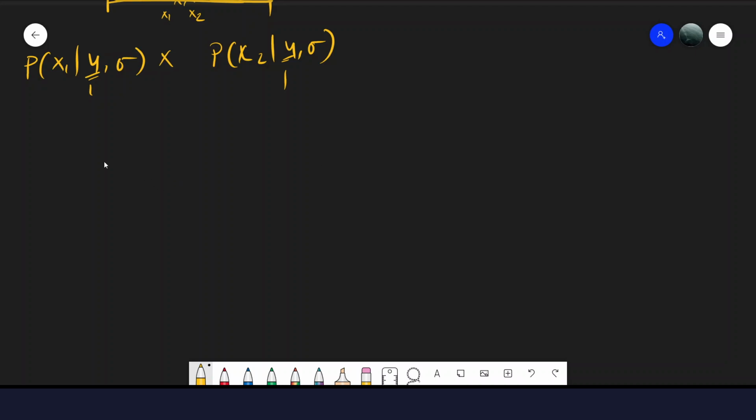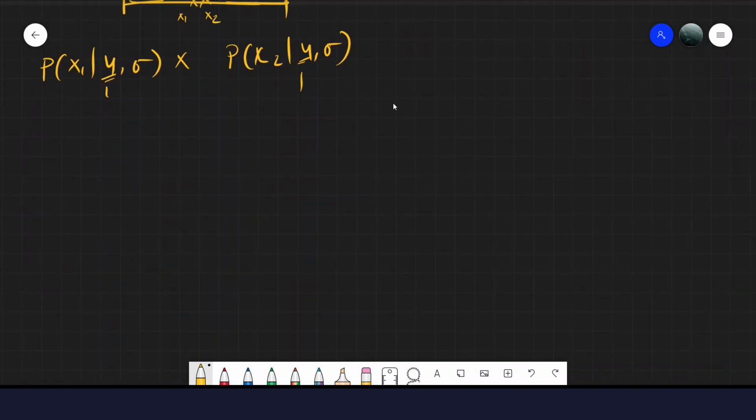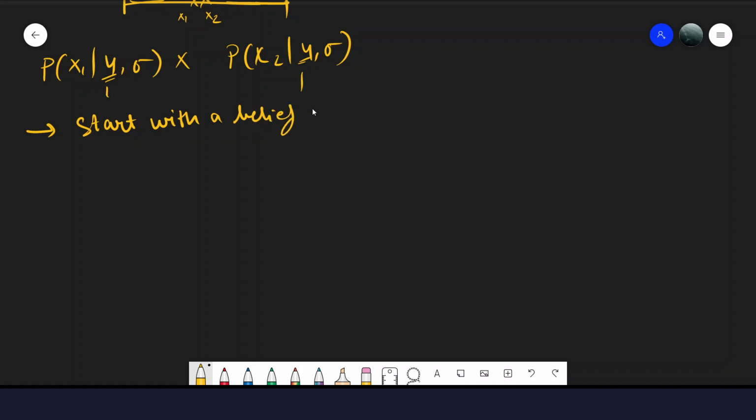And yeah, so these are the general points that you follow when you want to estimate the population parameters from the sample that you have. Okay, so the first point is that you start with a belief about the population.